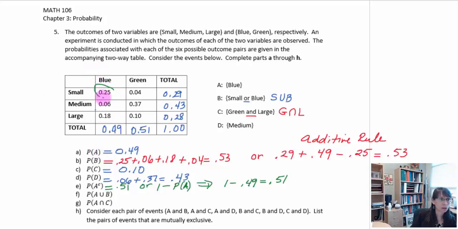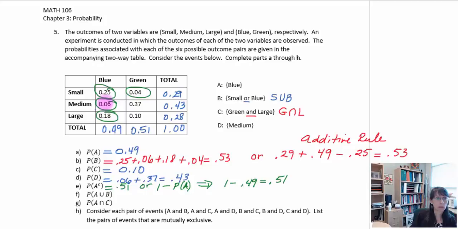So those probabilities will be circled. In union with event B. Remember, event B was small in union with blue. Well, we've already circled blue, so we need to circle all the probabilities involved with small. So we had one more probability to circle.